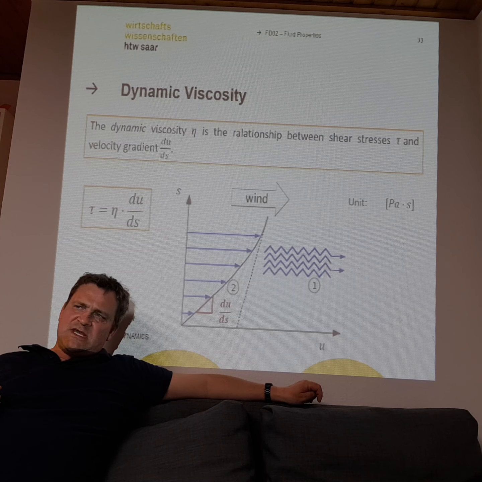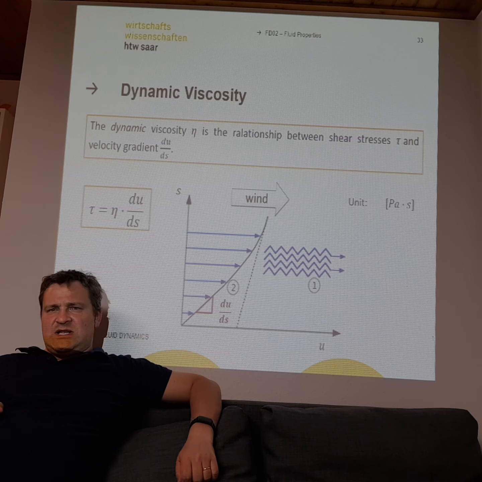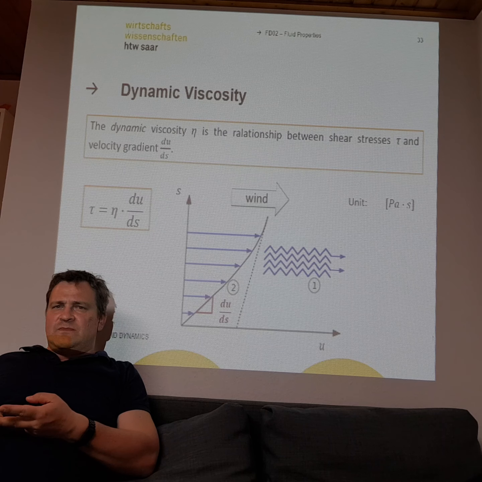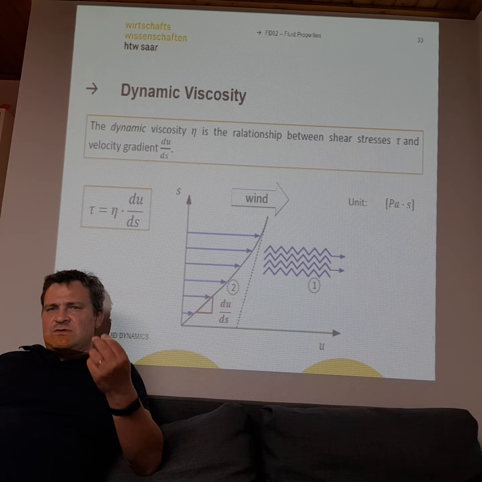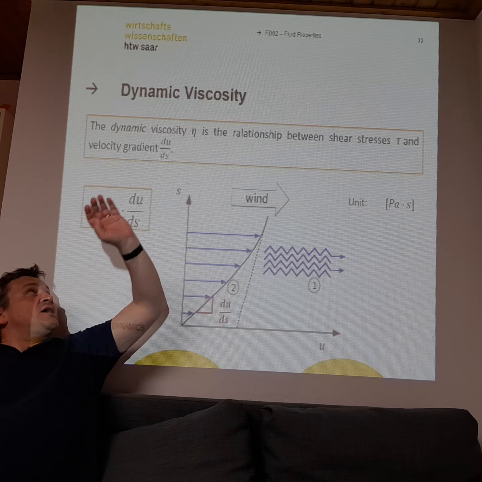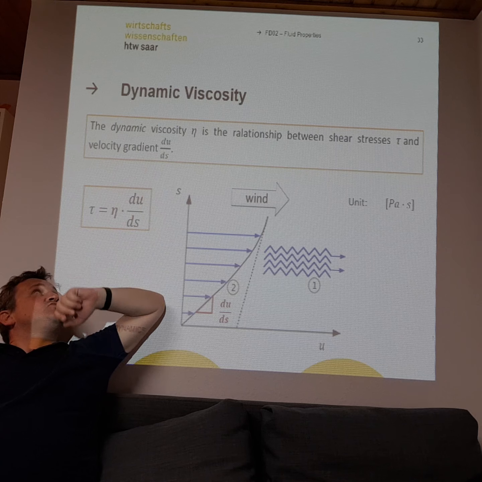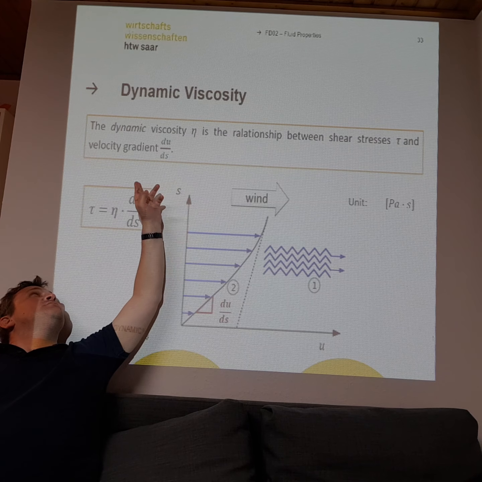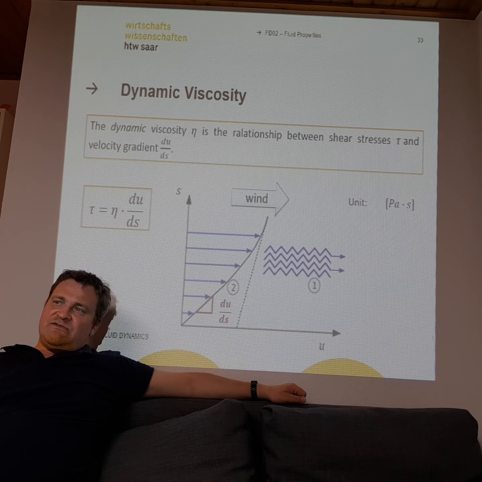So we can introduce the so-called dynamic viscosity. Maybe that's something I have to introduce also. We have two different viscosity values. We have a so-called dynamic viscosity, and we have also other viscosity values. First I want to tell you something about the dynamic viscosity. For the dynamic viscosity, we use the symbol eta. It's a Greek symbol, it looks a bit like an N, and it gives you the relationship between the gradient and the shear stresses inside the fluid.